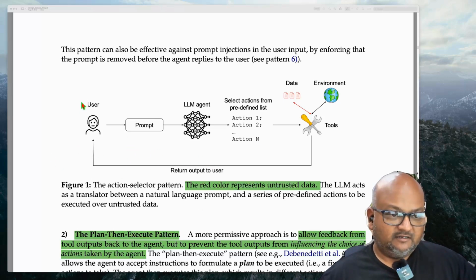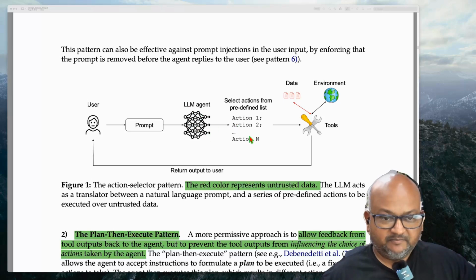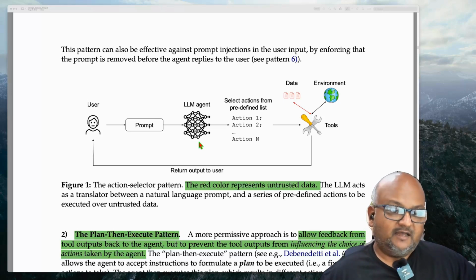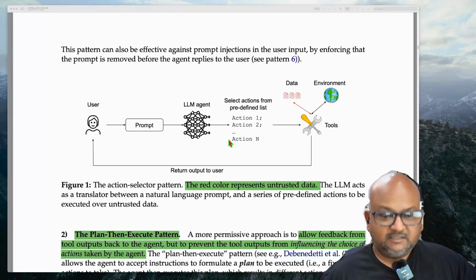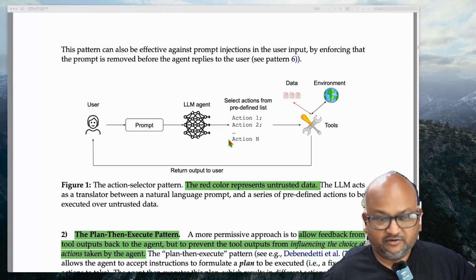This idea is demonstrated in this diagram where the user is providing a prompt, the LLM is simply picking from some actions, and those actions might invoke tools, read from the environment, read untrusted data, but note that there's no arrow from the tool back to the LLM. So the LLM cannot be influenced by untrusted data to then perform an unauthorized or unexpected action. So this is an example of how you would design a system around the LLM that is giving you some security guarantees.